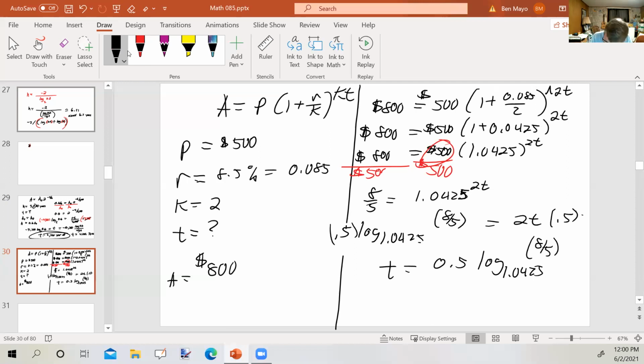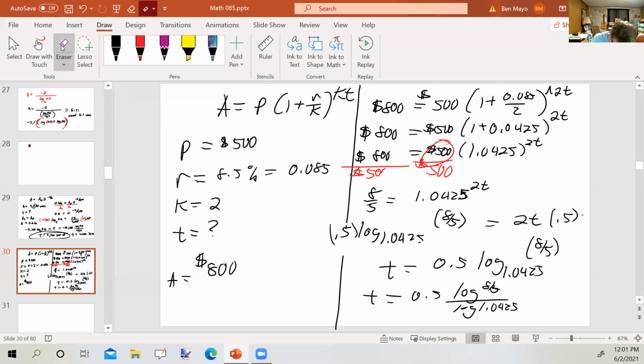But I need to use the change of base. So t equals 0.5 log of 8/5 over log of 1.0425. Let's put that into the calculator.